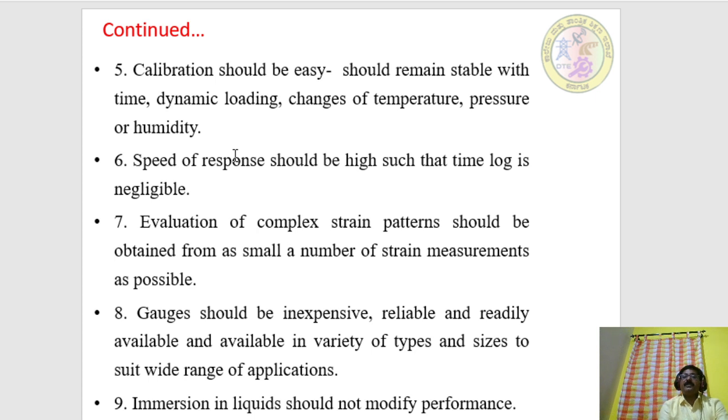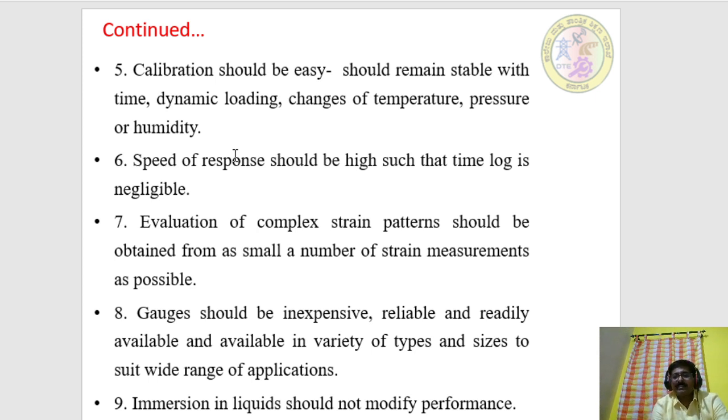Calibration should be easy, and should remain stable with time, dynamic loading, or changes of temperature, pressure or humidity. Next, the speed of response should be high such that time lag is negligible. This is a very important consideration we need to observe. Evaluation of complex strain patterns should be obtained from as small a number of strain measurements as possible.